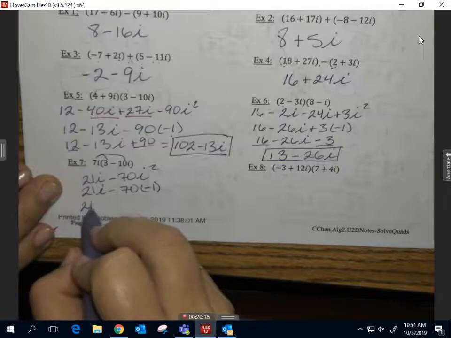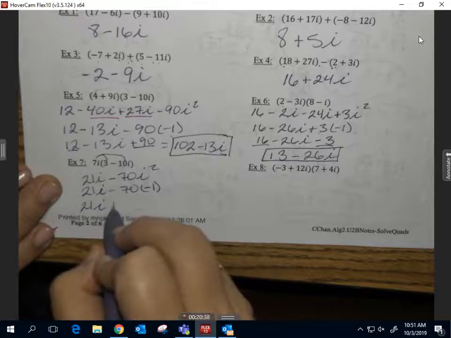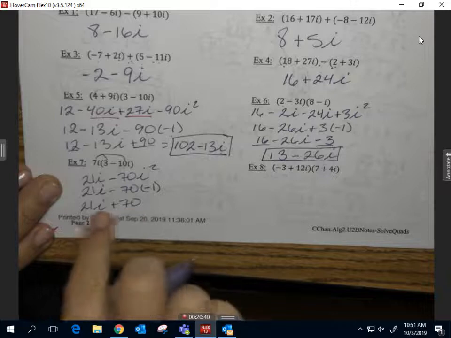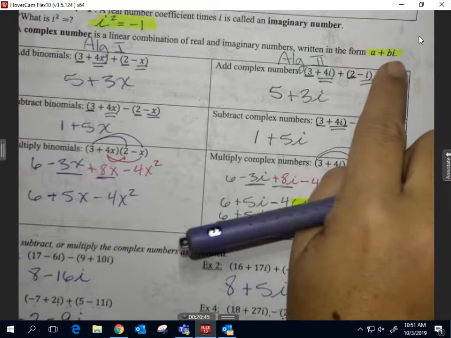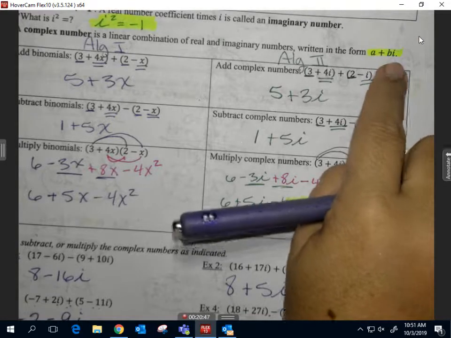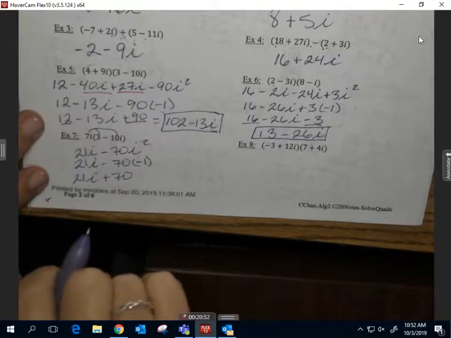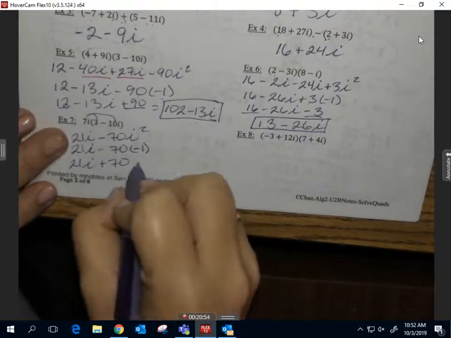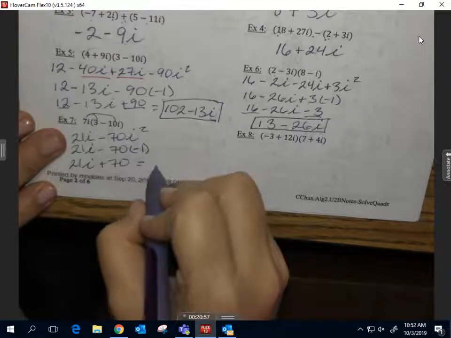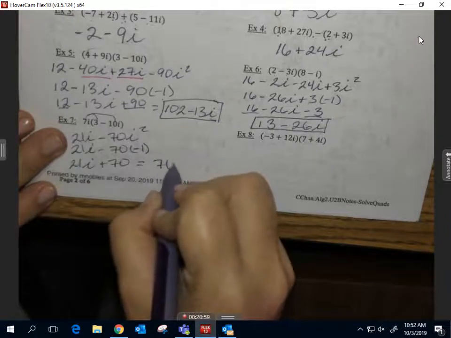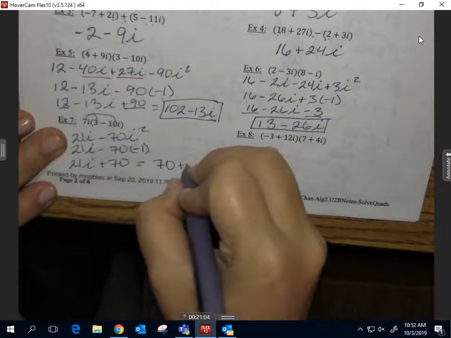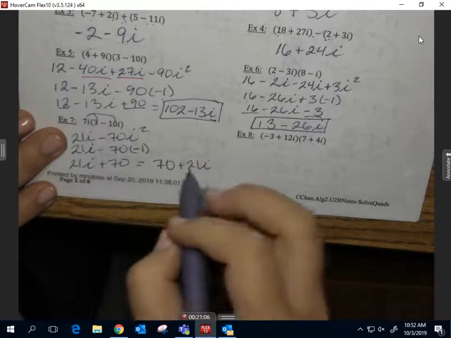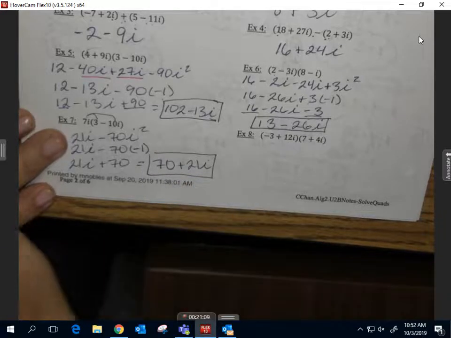So we end up having 21i plus 70. But look at the form. What form does it need to be in? The a plus bi. So my imaginary number has to be second in my answer, not first. So I need to change that to what? Okay, 70 is positive, so it's 70, and then 21i is also positive, so I'm going to put plus 21i. And that's my answer.